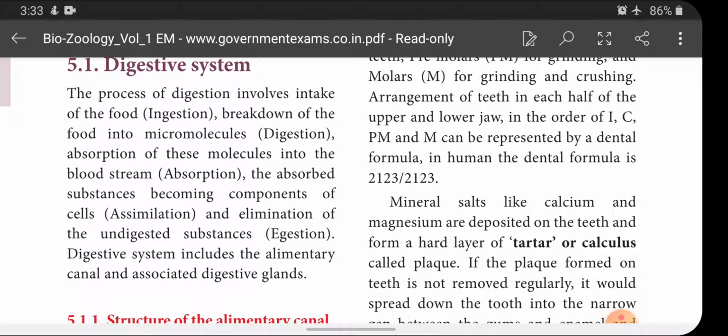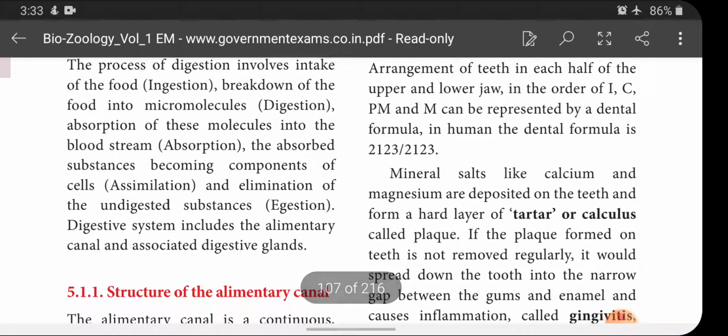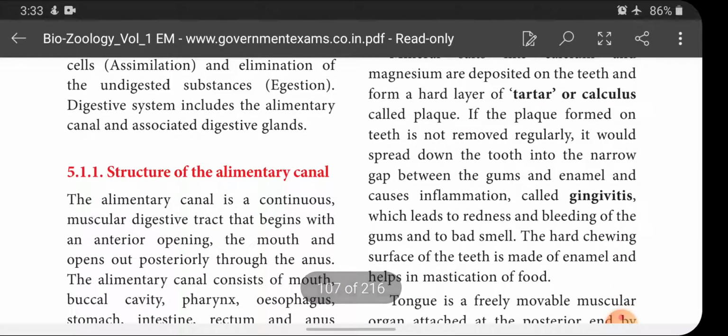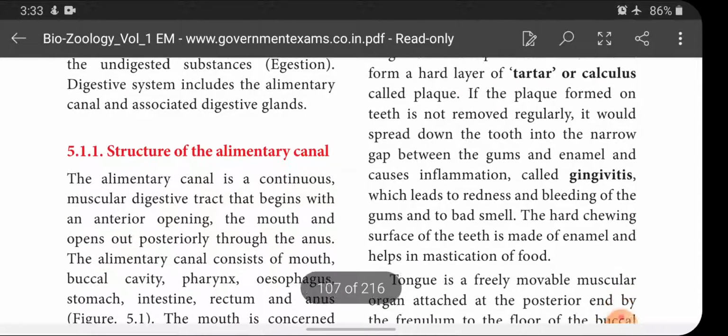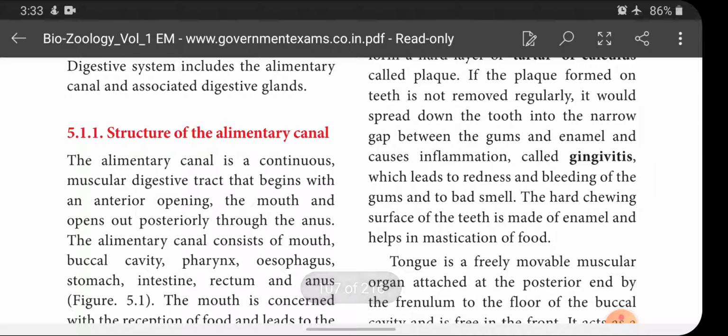About the structure of the digestive system, there are 2 structures involved: the alimentary canal and digestive glands. The alimentary canal is a continuous muscular digestive tract that begins with the anterior opening, the mouth, and opens out posteriorly through the anus.